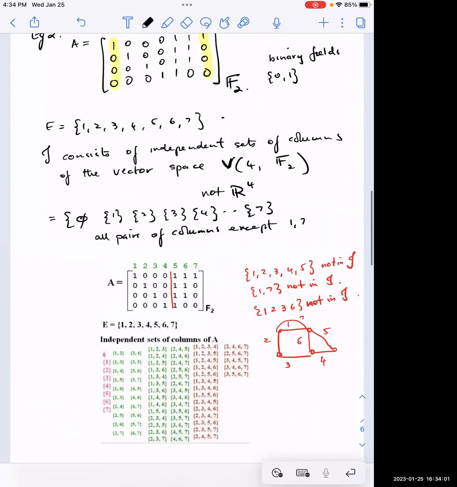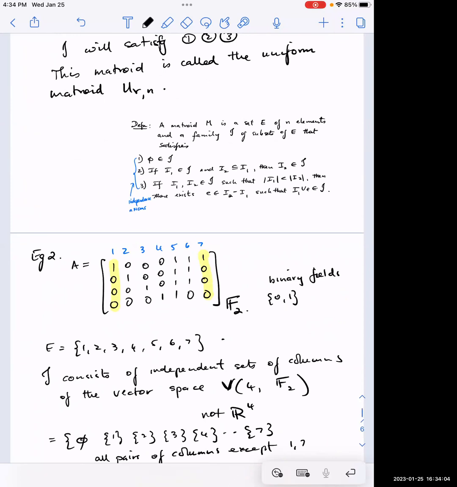So let's examine the axioms. For those who came in after we started, these are the 3 axioms. Let's bring that down.